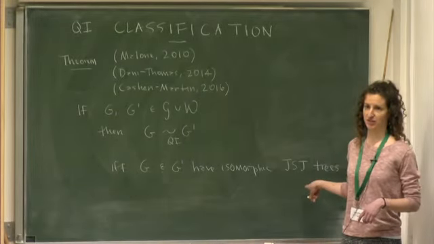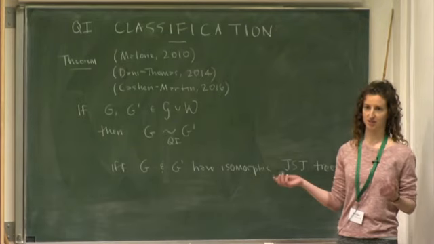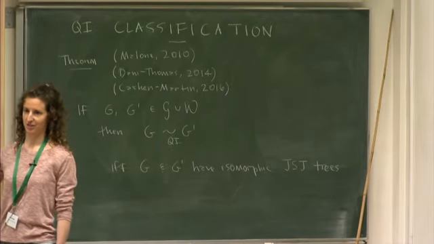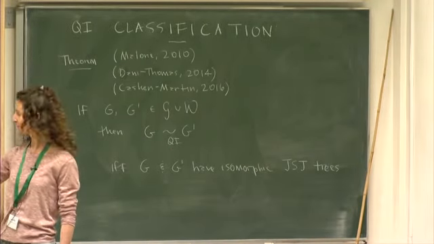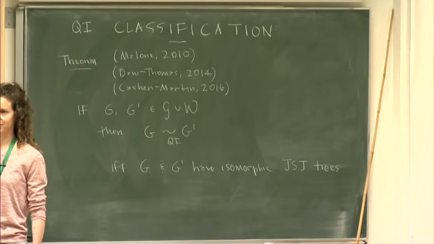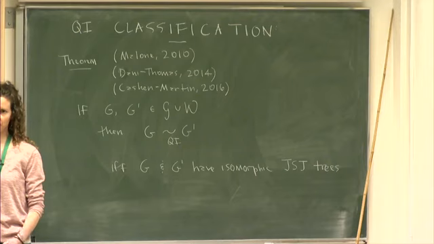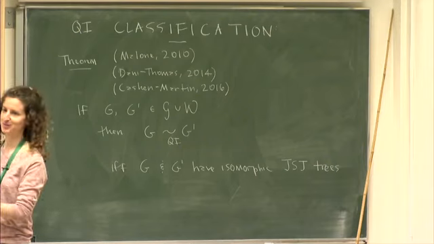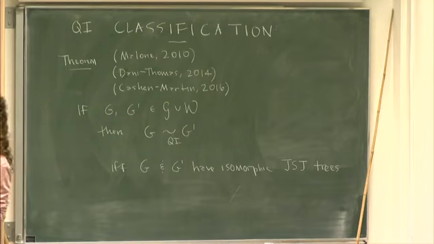By JSJ tree, I mean the Bass-Serre tree of the JSJ decomposition. So in this example, the JSJ tree is a biregular tree with vertices of valence 3 and vertices of infinite valence. And what the theorem says is that if you build any two-dimensional hyperbolic piecewise manifold where surfaces meet each other with exactly 3 meeting at each singular curve, then the two groups are quasi-isometric.